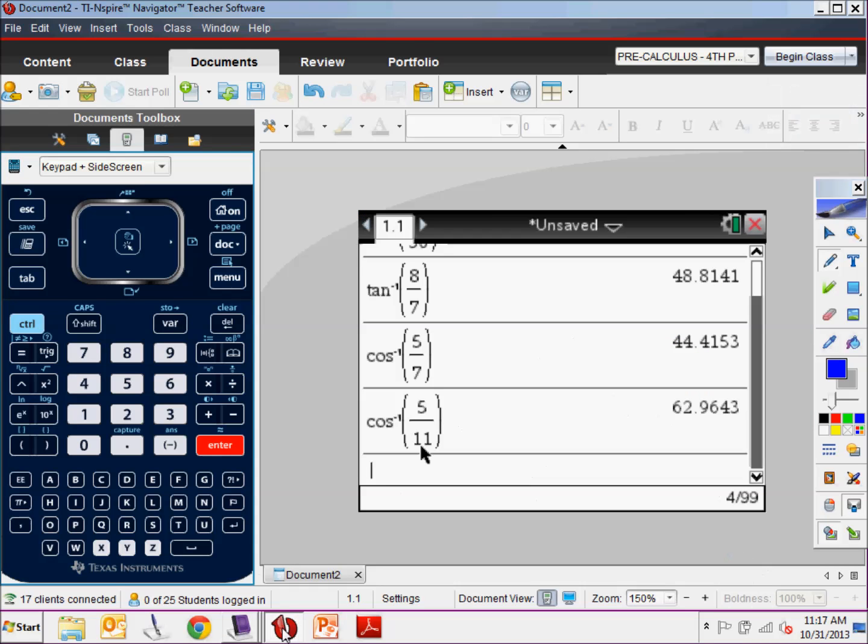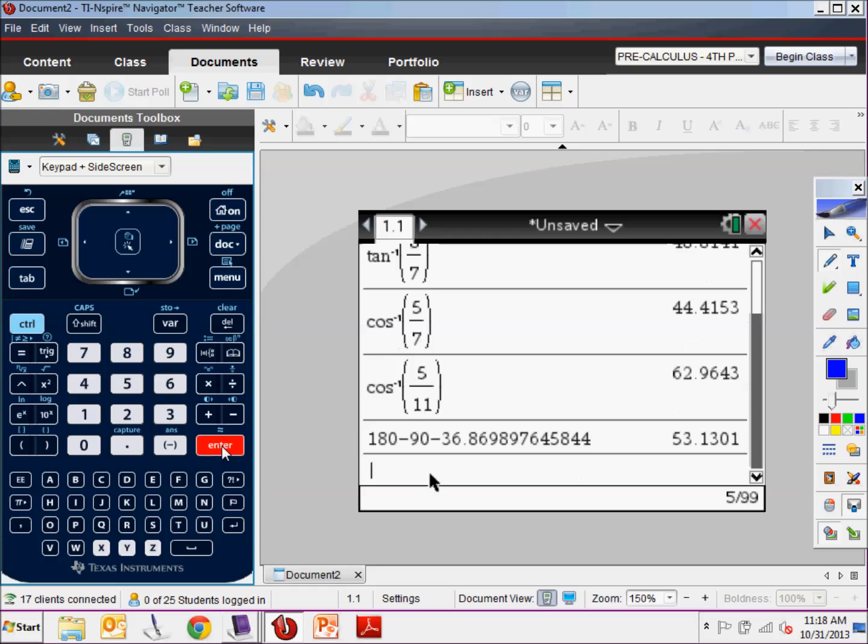So it would be 53.1. I just grabbed it, so this is the exact value, because I used the exact number.